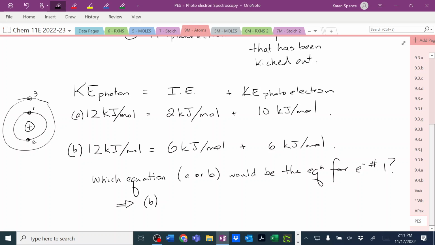So I would like you to describe to your partner or someone near you why equation B is the correct choice for electron number 1 and not equation A.